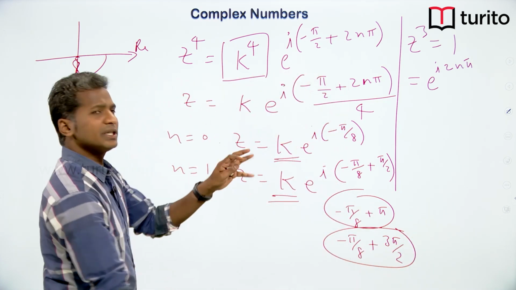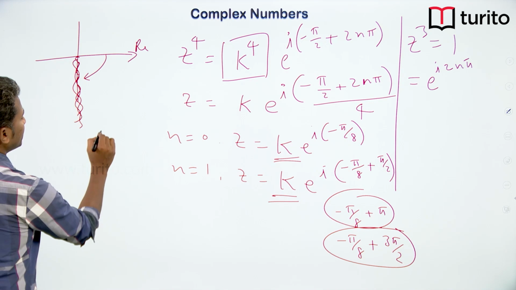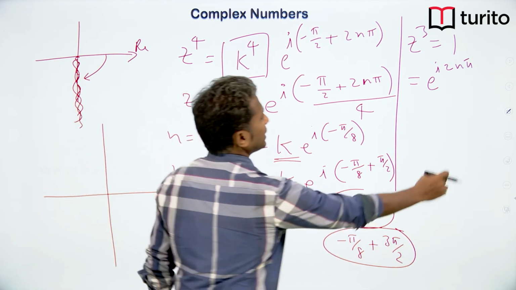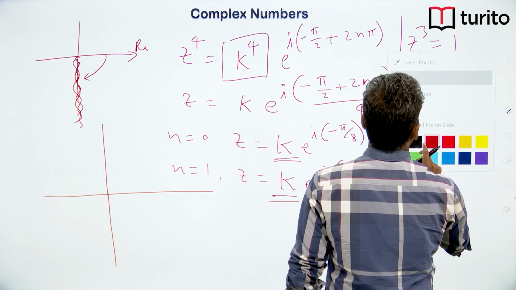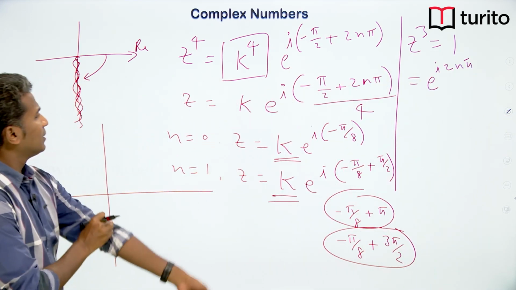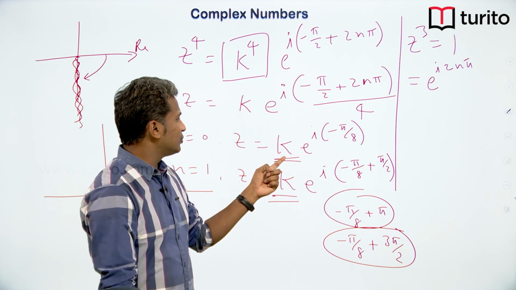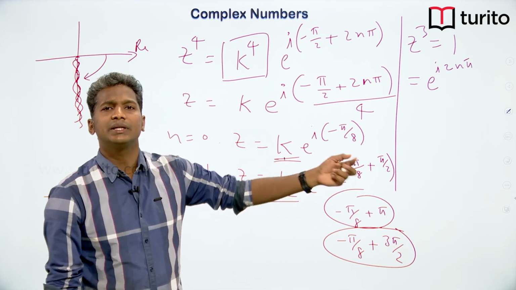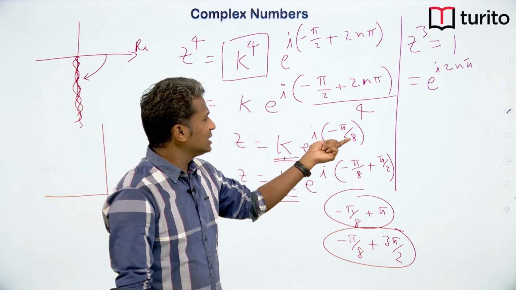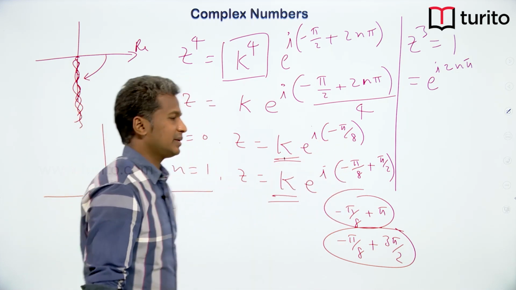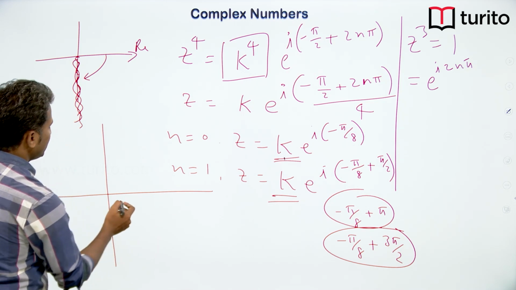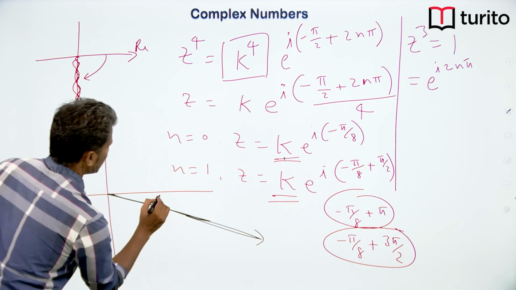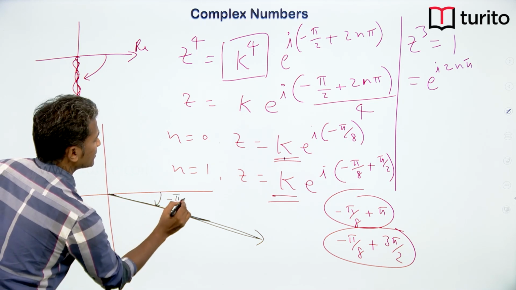Now, if I plot all these solutions, where would all of them lie? I will take a different color here. Here magnitude k can vary, it can be 1, 2, 3 or anything, but the angle is fixed, which is minus pi by 8. That means we will get one ray here, whose argument is always minus pi by 8.